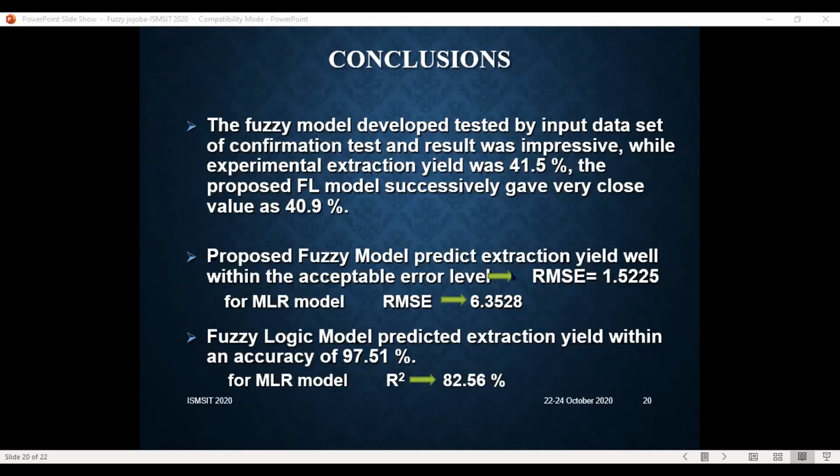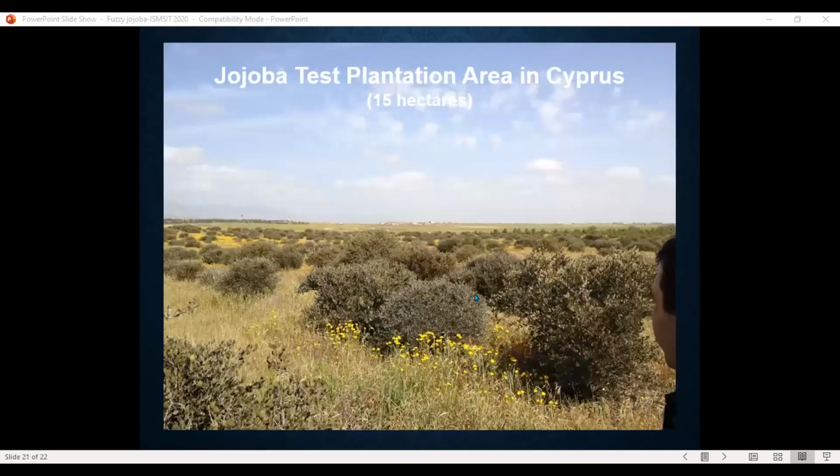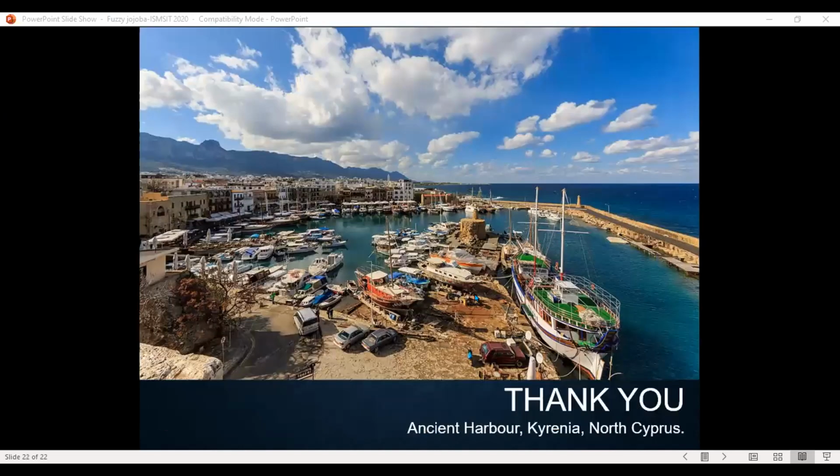So fuzzy logic is a very good method for participating in unknown data, modeling or optimization processes. So thank you very much. If any question, please ask us.